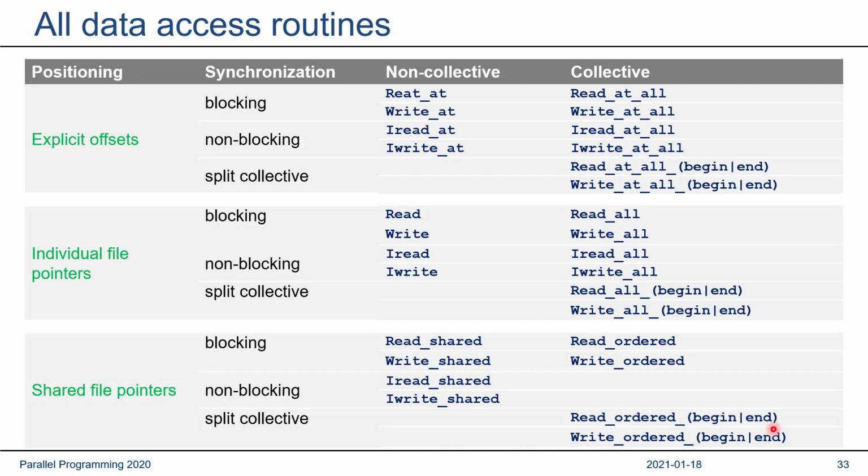So here's an overview of all data access routines. The first categorization we use here is about the offsets, the positioning, so whether you use explicit offsets, individual file pointers, or shared file pointers. And across these categories, we have different variants with respect to synchronization, blocking, non-blocking, and split collective in all three categories.